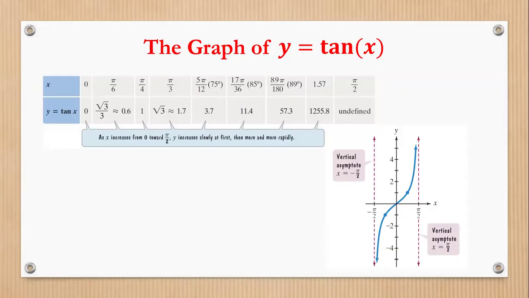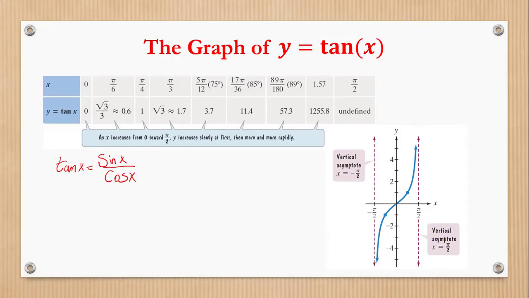Something that is different for graphing tangent than sine and cosine is that for tangent, we can rewrite the tangent as a fraction of sine over cosine. And we know that every time we have a fraction, the denominator cannot be zero.